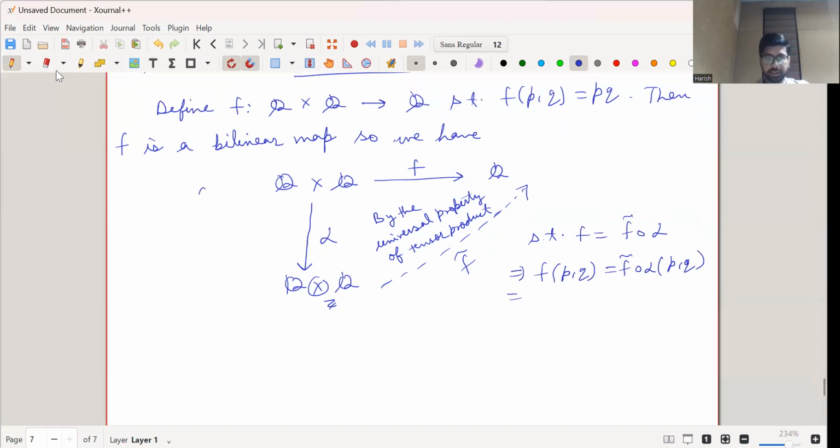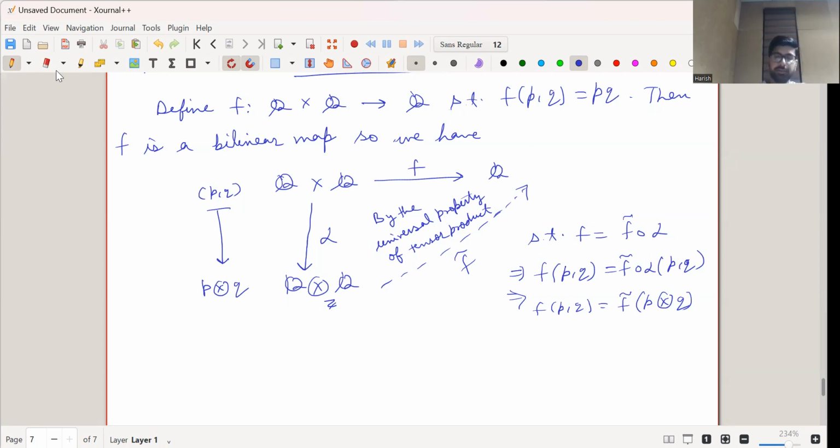Alpha maps the pair (p, q) to the tensor of p, q, that's the notation we use, and we denote it by p tensor q. So this implies F(p, q) is the same as F delta of p tensor q. That is one of the uses of the tensor: it converts the bilinear problem over a bilinear map to a problem over a linear map. Here F is a bilinear map and F delta is a linear map.